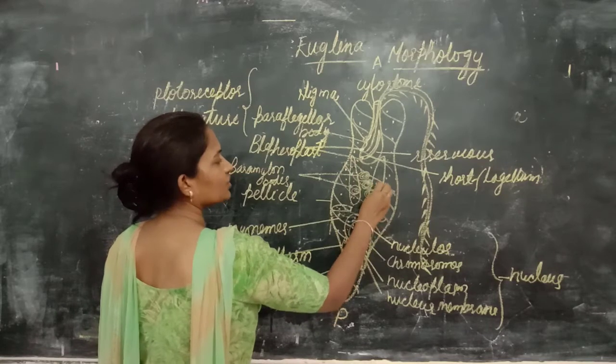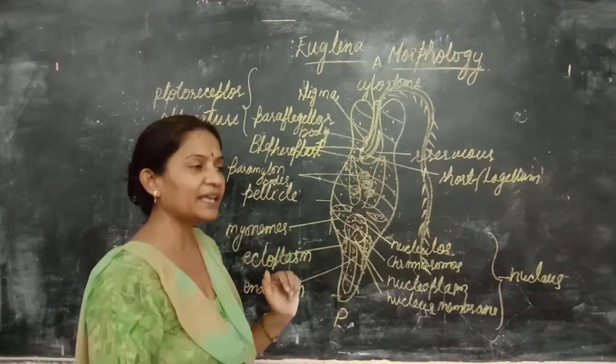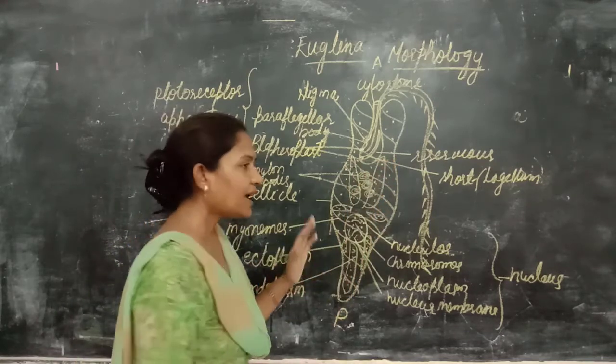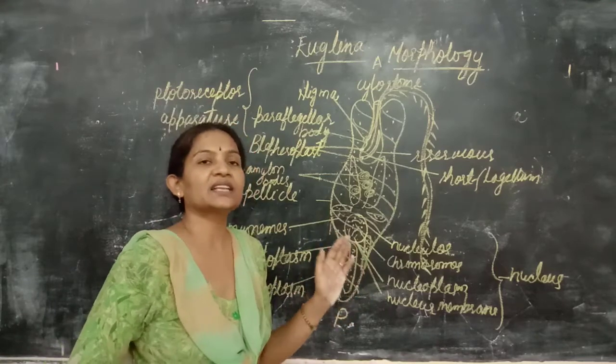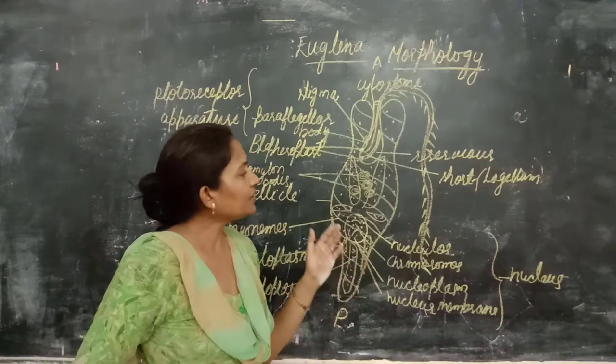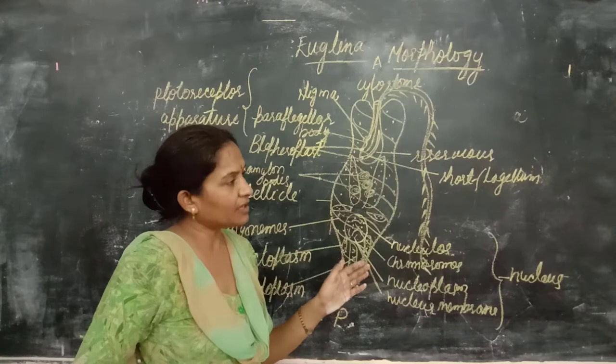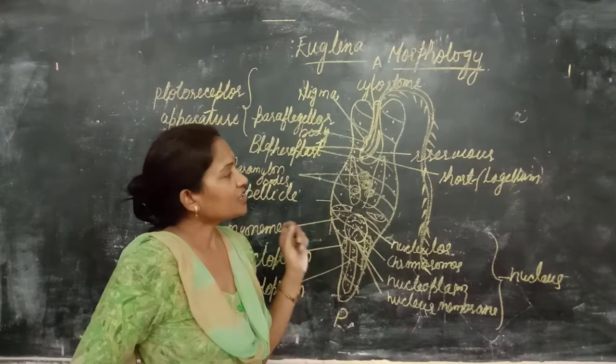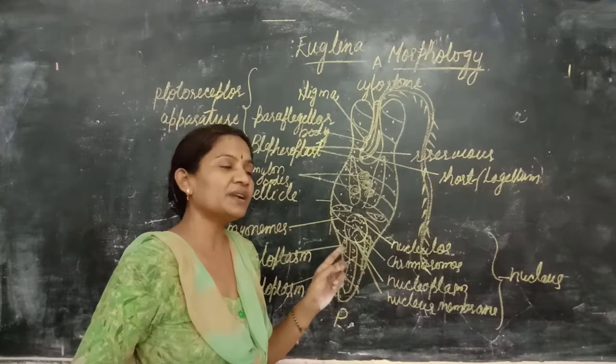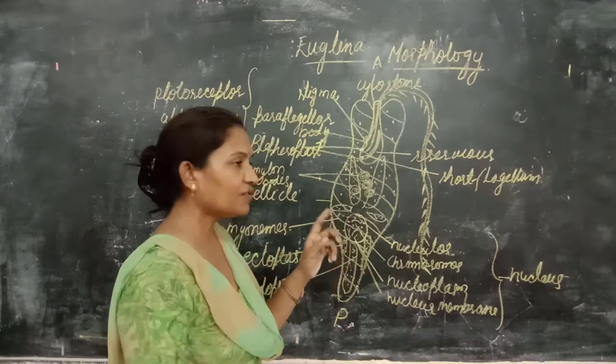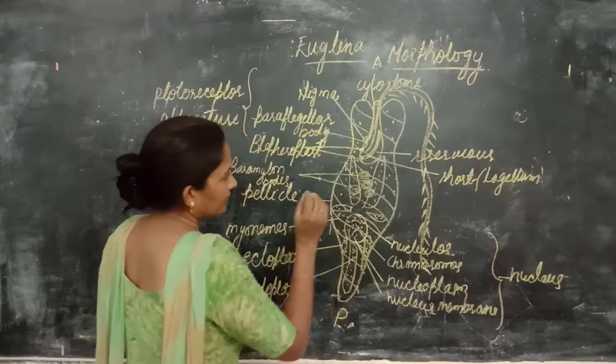It contains chlorophyll A, chlorophyll B and beta carotenoid, and this chloroplast is covered by a three-layered enveloping membrane, and the chlorophyll is found in bundles of thylakoids.